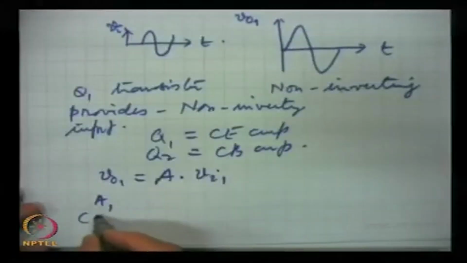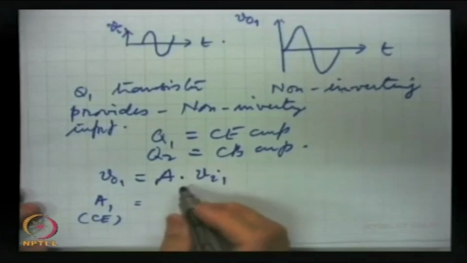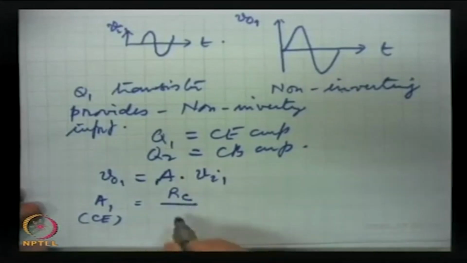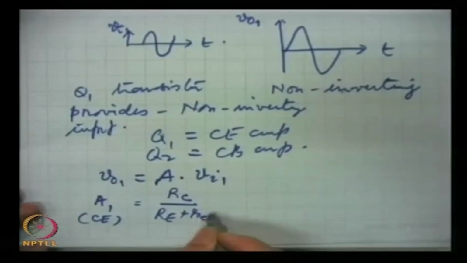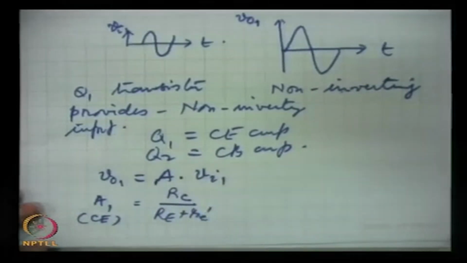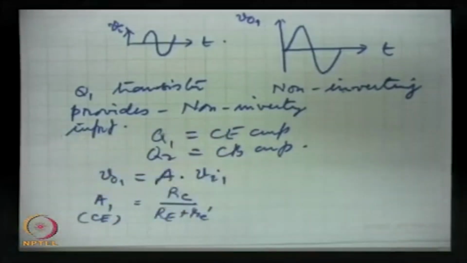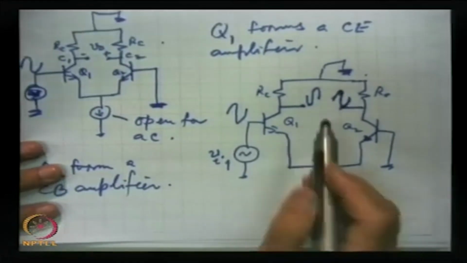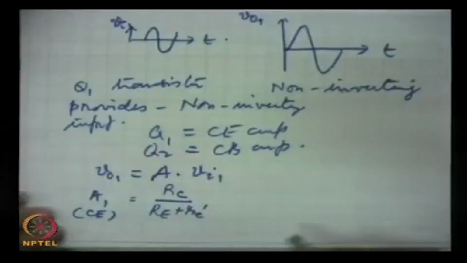A1, the gain because of the CE amplifier, is RC by RE plus Re prime, where RE is the resistance, and I will draw another figure to illustrate this point.